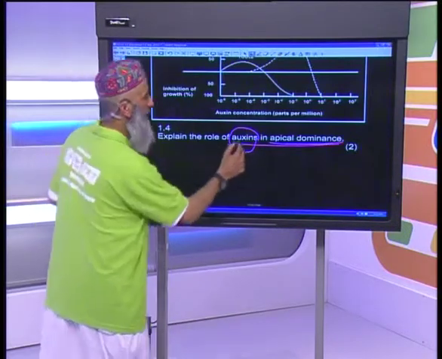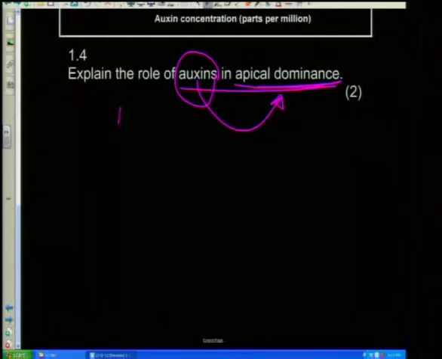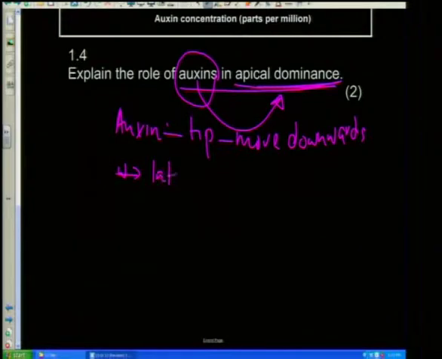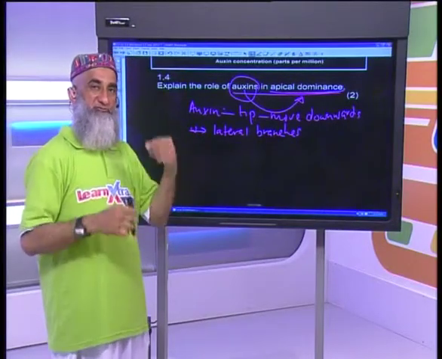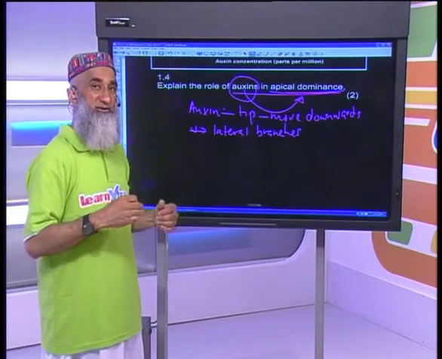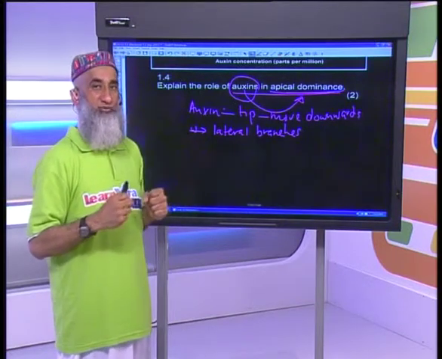So they want to know, how does auxin make this happen? Very simple. Auxin from the tip moves downwards to the lateral branches. And as you have learnt in geotropism, in phototropism, in different parts of the plant, auxin works differently. For example, in the growing tip, a high concentration of auxin stimulates growth.